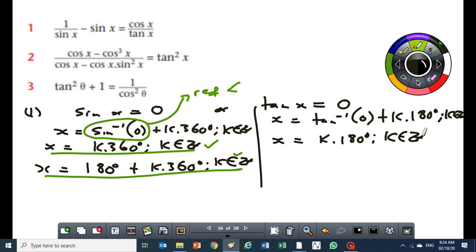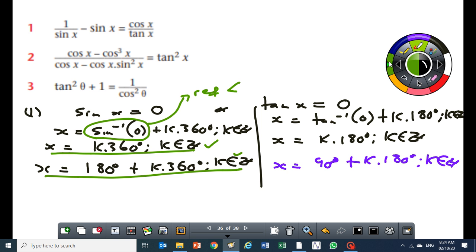The second one is based on the values of x that make the tan undefined, not when it's a denominator. The tan itself can be undefined for certain values. Those values are x equal to 90 degrees plus k times 180, where k is an element of z. So we end up having four solutions.